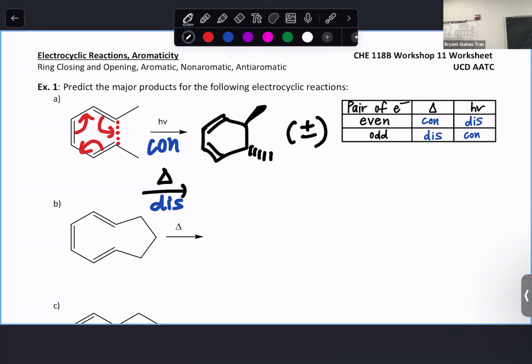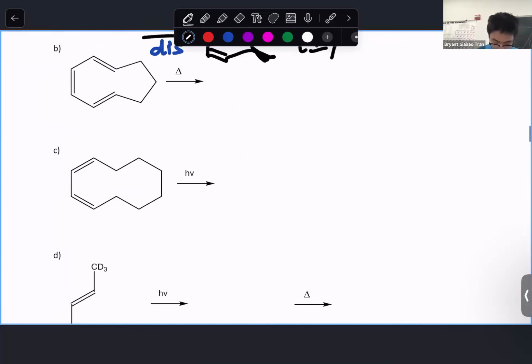They both go up, so they are cis to each other. Or you could have said this goes counterclockwise, this has to go clockwise, where they're still cis to each other, right? So they're both going to be wedges or both dashes. Like that. Plus minus. Okay.